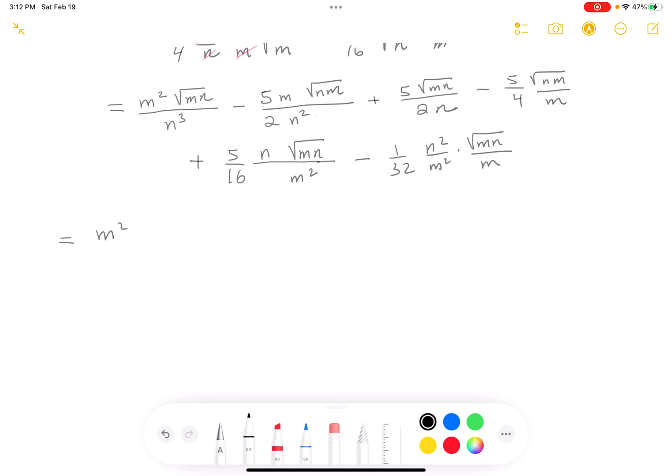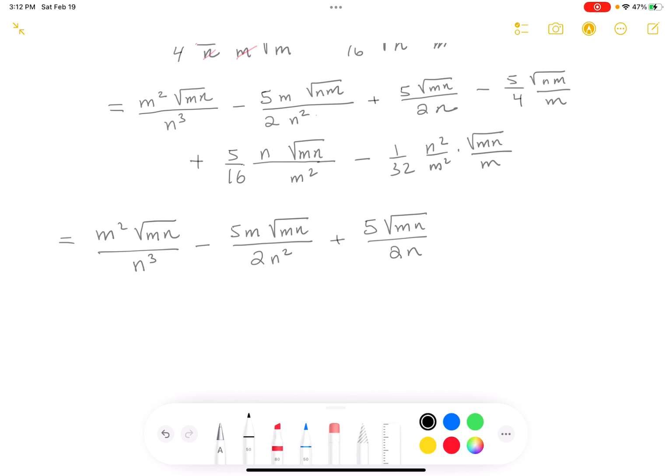M squared root, I'm going to put in alphabetical order, by the way, mn over n cubed, minus 5m root mn over 2n squared, plus 5 root mn over 2n.